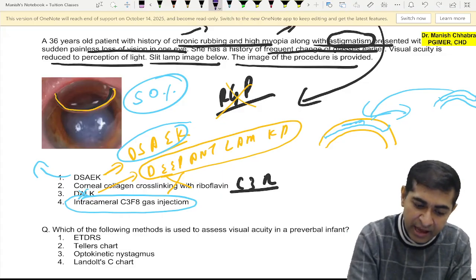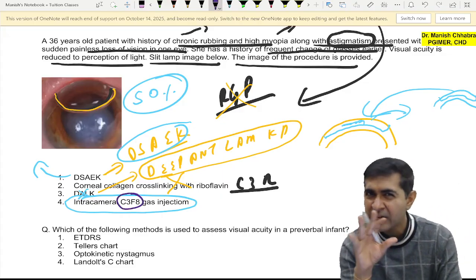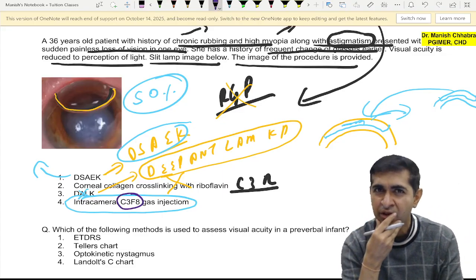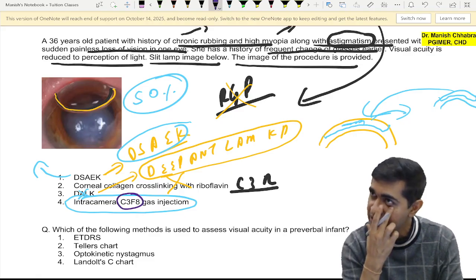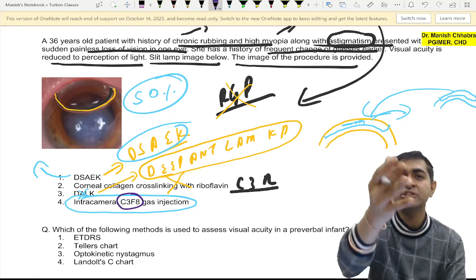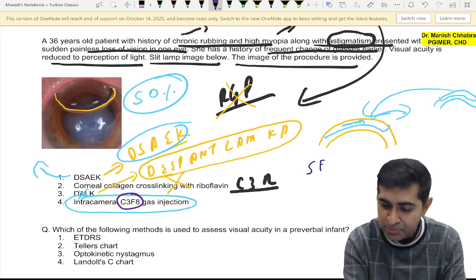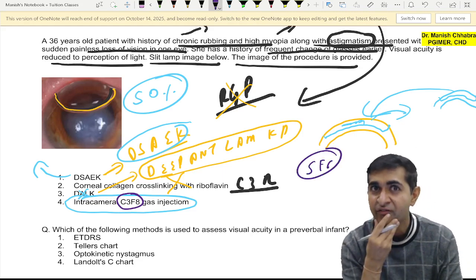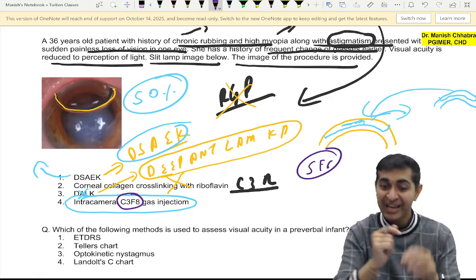First tell me, where have you read C3F8? Is there any other topic where you have read C3F8? Could you recall? Okay, let me ask, have you read SF6 anywhere? What is SF6? That is sulfur hexafluoride. Do you remember?